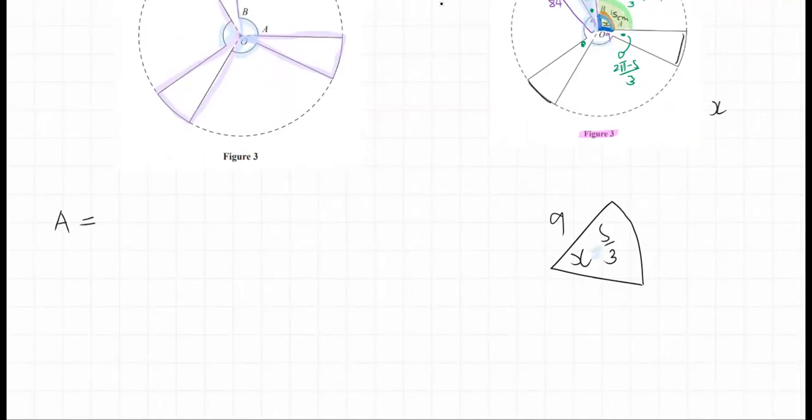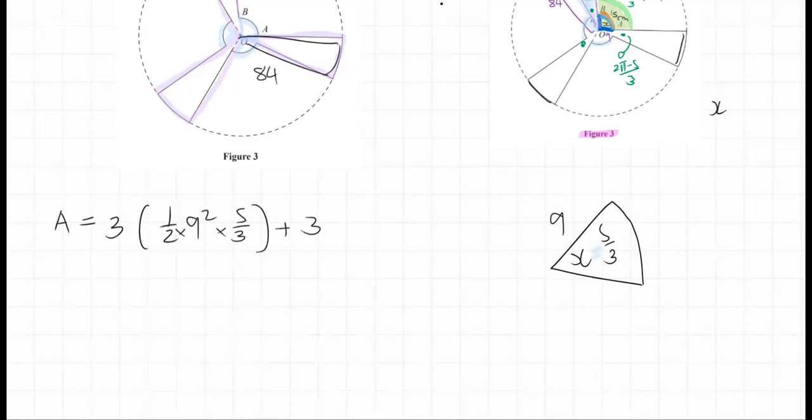So first area, we have 3 lots of a half times r squared, which is 9 squared, times 5 over 3. And we're adding that to another 3 lots of the long purple ones here. And that was 84 was our length, and our theta in this case was this one here.